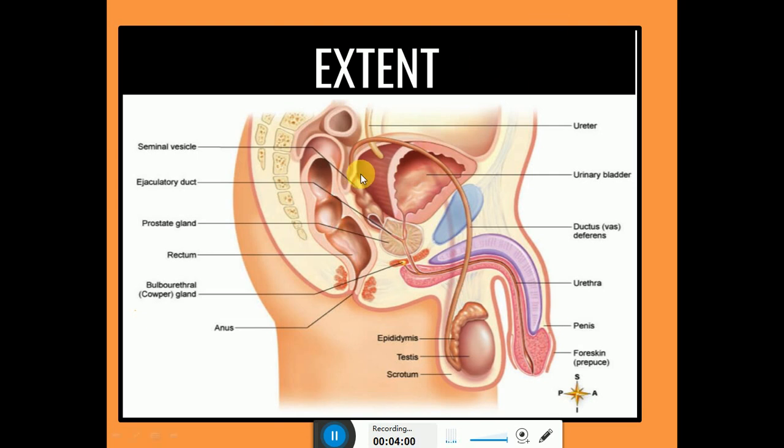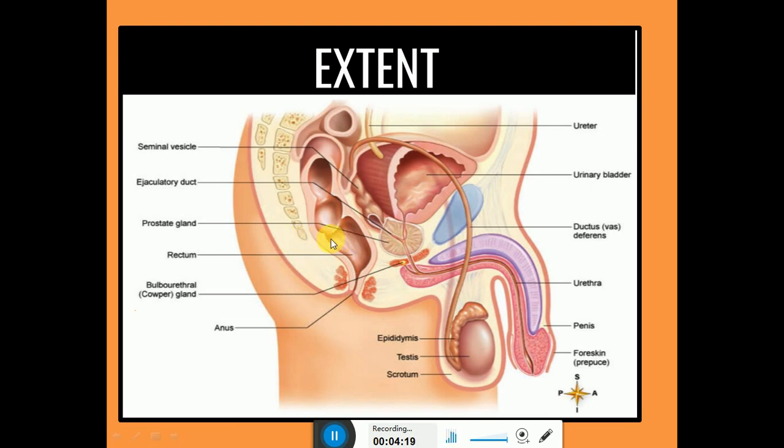Also, this is the tip of coccyx. This anal canal is 4 centimeters below the tip of coccyx. As you can see, it is lying at the lower level and in front.